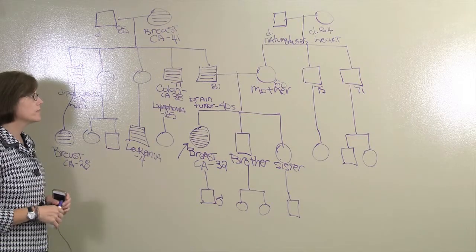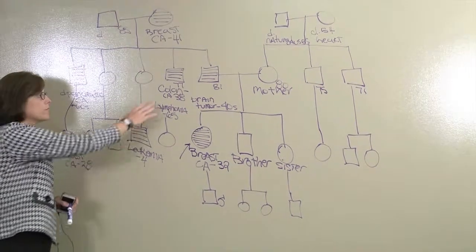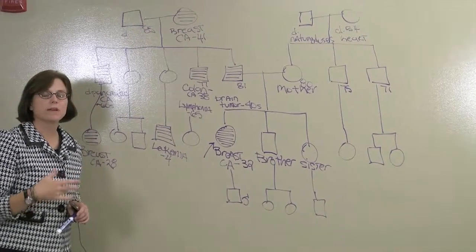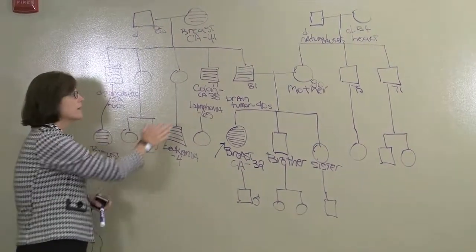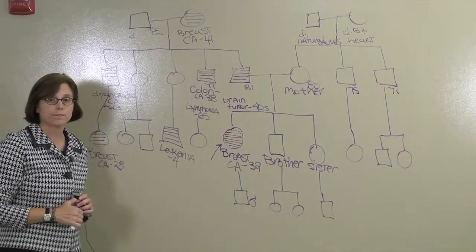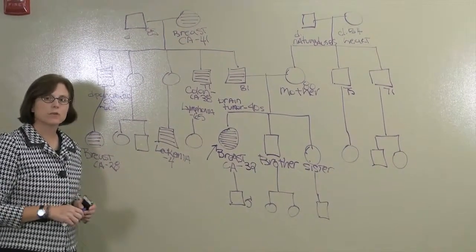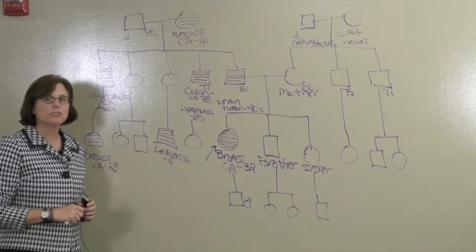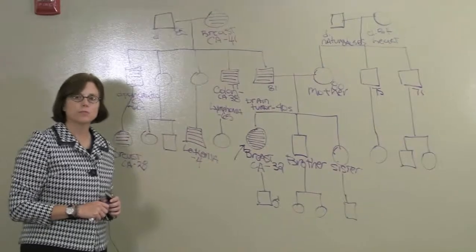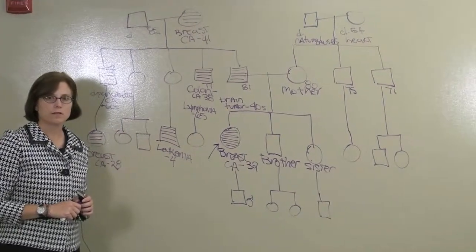We have people in the family who have more than one type of cancer. Colon cancer did not spread or turn into a lymphoma. This uncle had 2 different types of cancers in his lifetime. Other features that we look for are an unusual presentation of cancer. Consider a man who's been diagnosed with breast cancer.